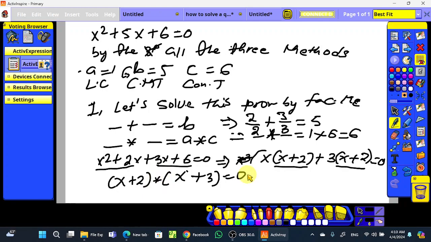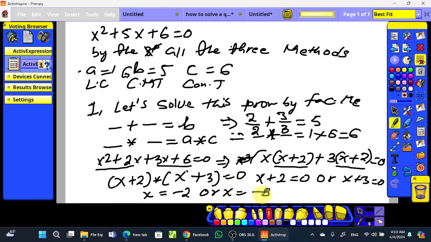So to get the solution, x plus 2 is equal to 0 or x plus 3 is equal to 0. So the solution set is x is equal to minus 2 or x is equal to minus 3.